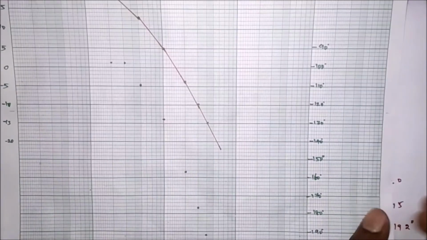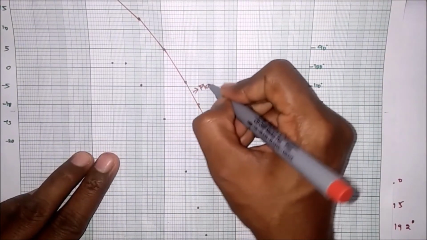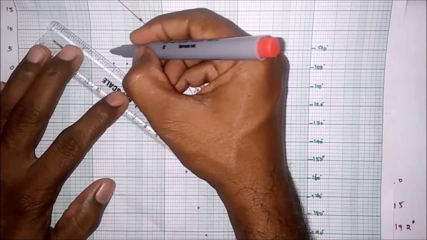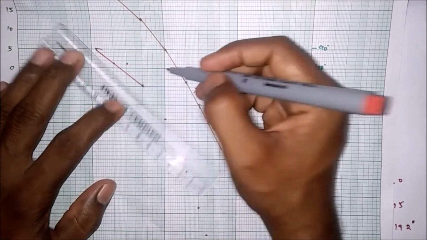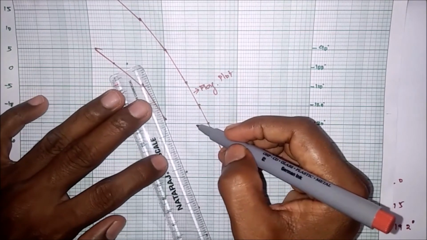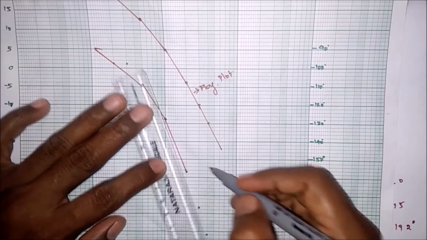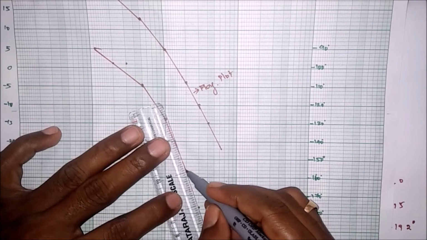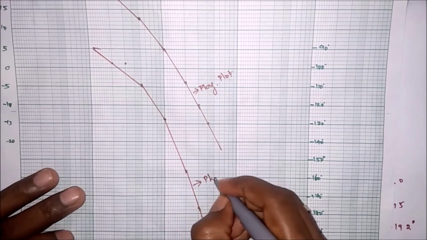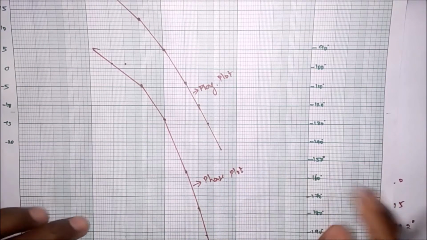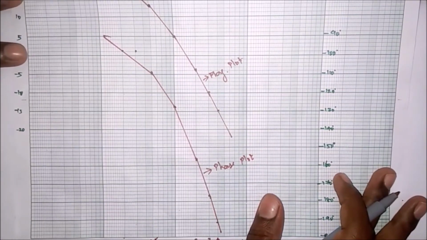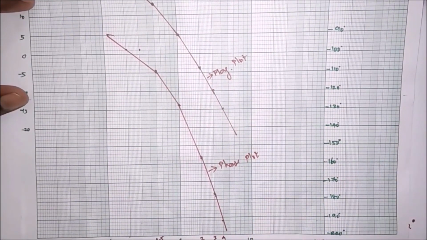Then this is the magnitude plot, and then this is the phase plot.